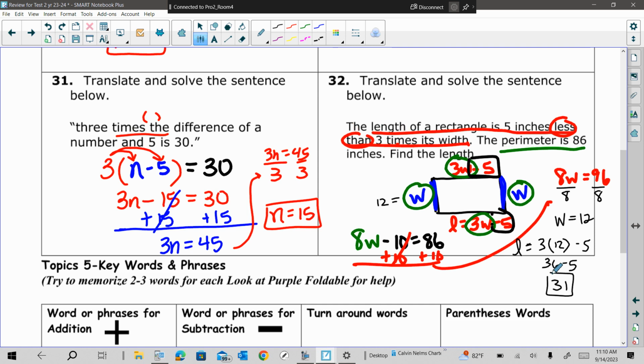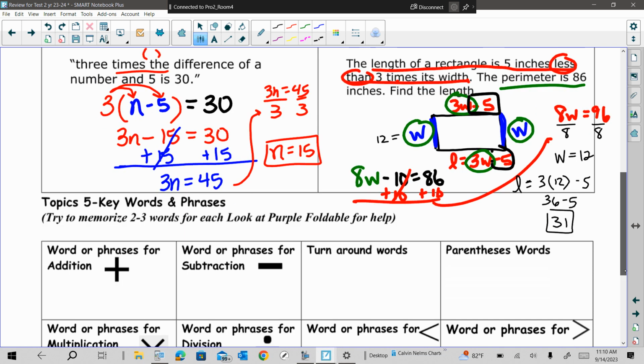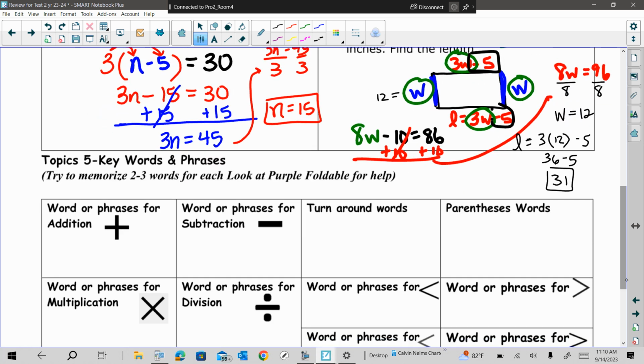31 is our L. So the last topic is your responsibility. It says keywords and phrases. You need to try to memorize 2 to 3 words for each. Look at purple foldable for help. So we want words or phrases for addition. 2 or 3 words. What do you think of for addition?